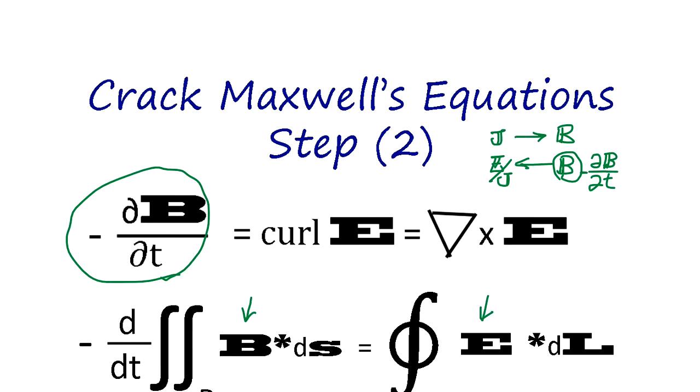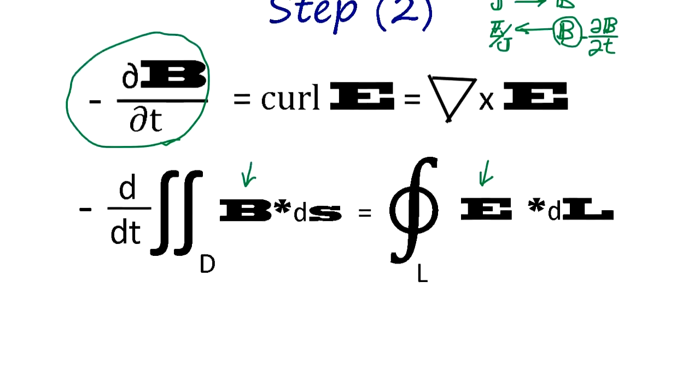It's the same equation, so we use the same math. The integral form is: you take some surface D and calculate the B going through this circle.